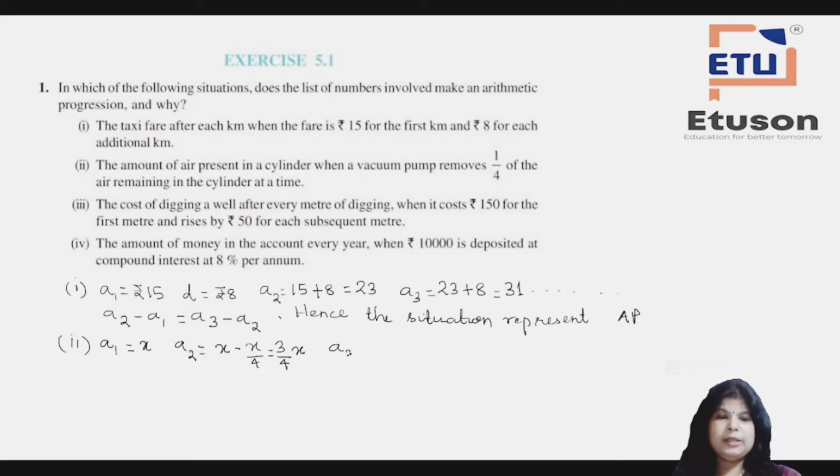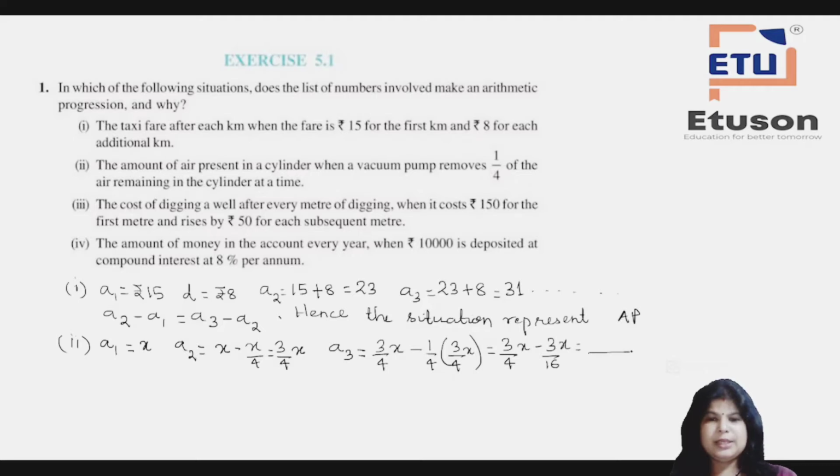Now, when the air is vacuumed the third time, 3 by 4x is the existing air, and you are going to remove 1 by 4th of the remaining air. Correct or not? So that becomes 3 by 4x minus 3 by 16x. So in this case, this will become 9 by 16x.